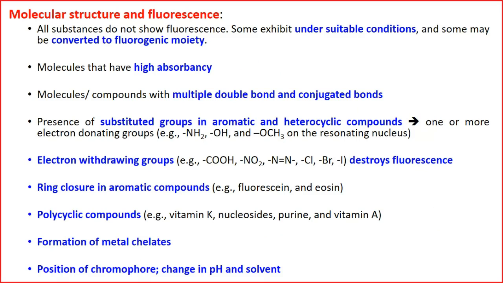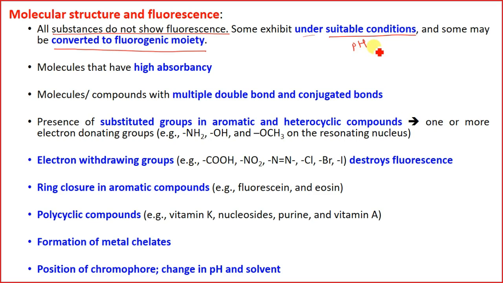So, molecular structure and fluorescence: all substances do not show fluorescence. This is an important thing. Some exhibit it under suitable conditions, and some may be converted to a fluorogenic moiety. If you give them suitable conditions, say for example some pH, it may so happen that at a low pH a molecule is fluorescent, and at a high pH it is not.